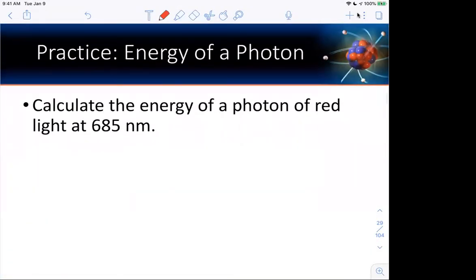So here's another fairly straightforward problem. Calculate the energy of a photon of red light that has a wavelength of 685 nanometers. So the wavelength is 685 nanometers. So I have lambda, so I'm going to use E equals hc over lambda. Remember, c is in meters per second. h is in joule seconds.